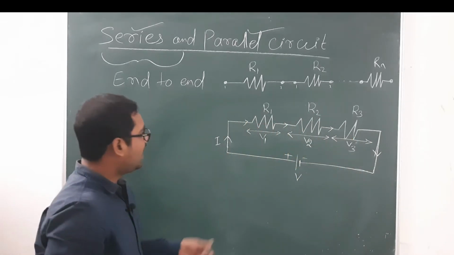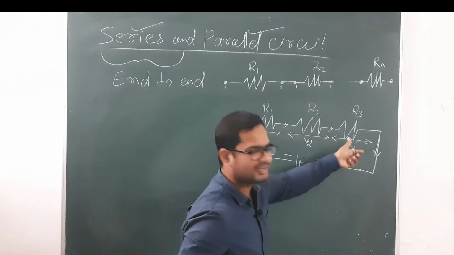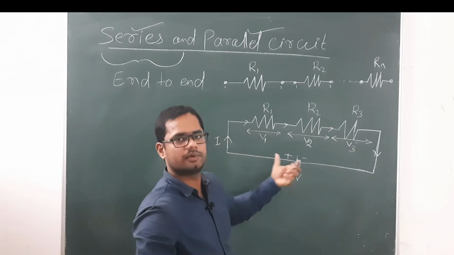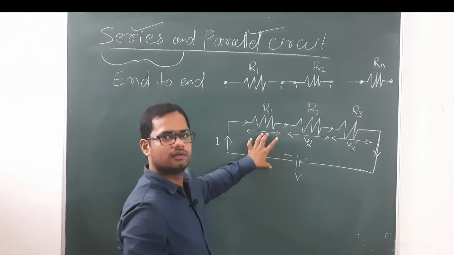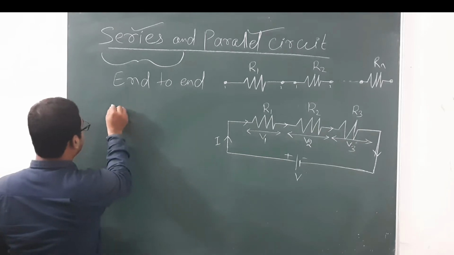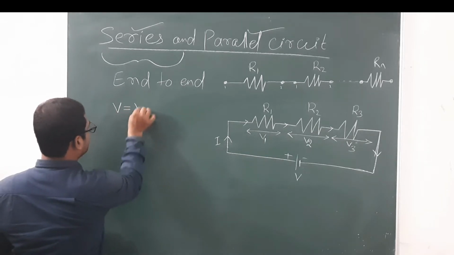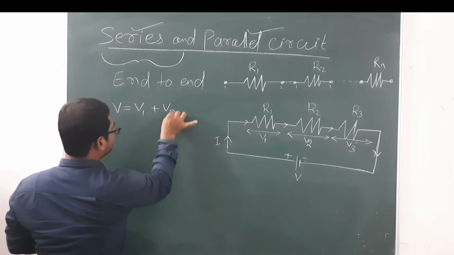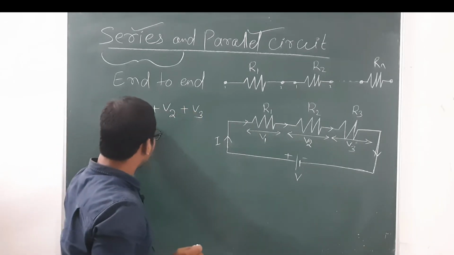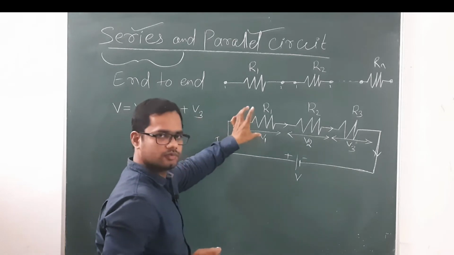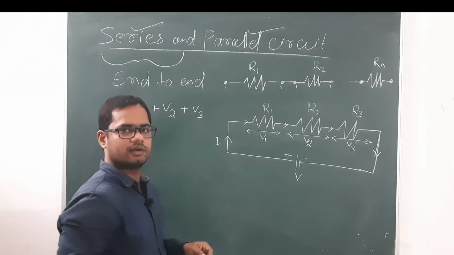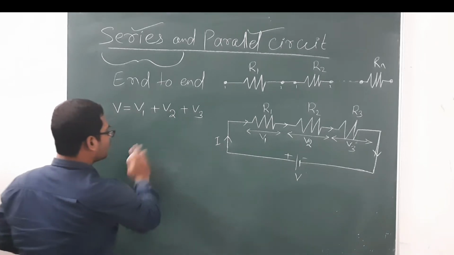These individual voltages add up to the source voltage. This is already covered in KVL. Applying KVL in the loop, the supply voltage V is equal to V1 plus V2 plus V3. This voltage is also reflected in the current value, from Ohm's law.